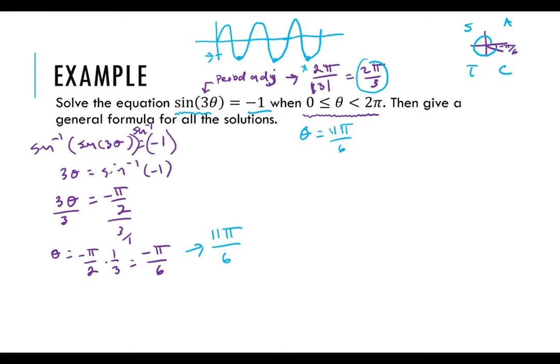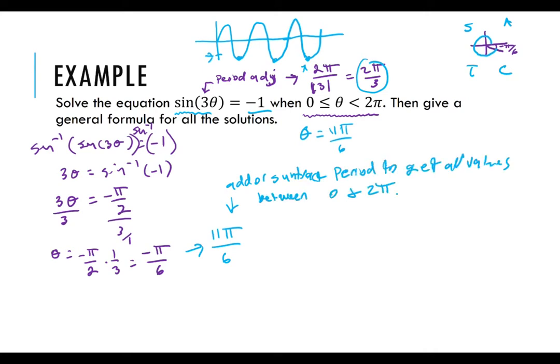Now, what does that mean I can do? Well, that means that I can take this value here and I can add or subtract the period to get all the values between 0 and 2 pi. And that's exactly what we want to do. So if I've got 11 pi sixth, let's do a quick bit of arithmetic. I'll let you check this, but if you take 11 pi sixth and add 2 pi thirds, that being the period adjustment for this function, you're actually going to get a value bigger than 2 pi, and so that's not working for us.